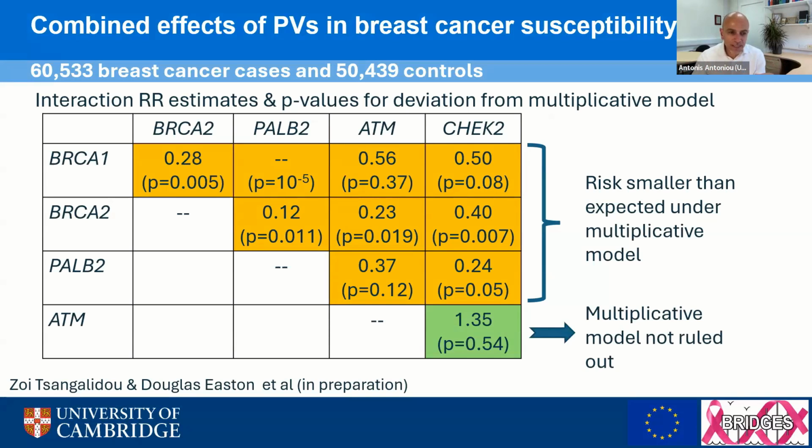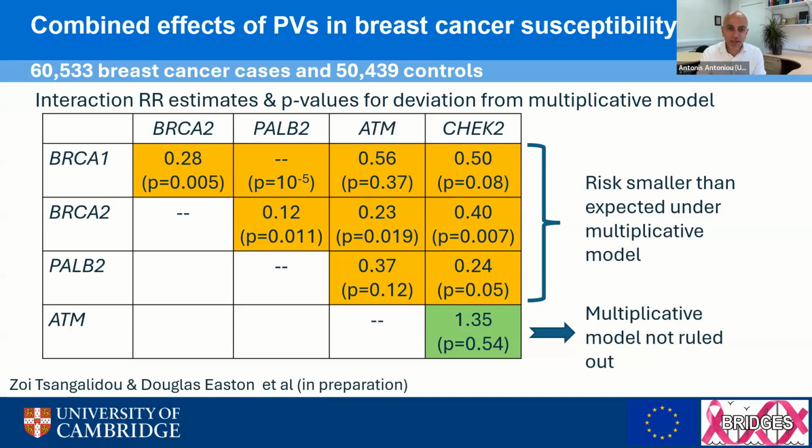There is clear evidence of interaction when a high risk gene is involved, so BRCA1, BRCA2, PALB2, where the risks for joint carriers are smaller than expected under the multiplicative model. But when we consider the more moderate risk variants, ATM and CHEK2, the multiplicative model seems to fit well. What that is saying is that the risks multiply.